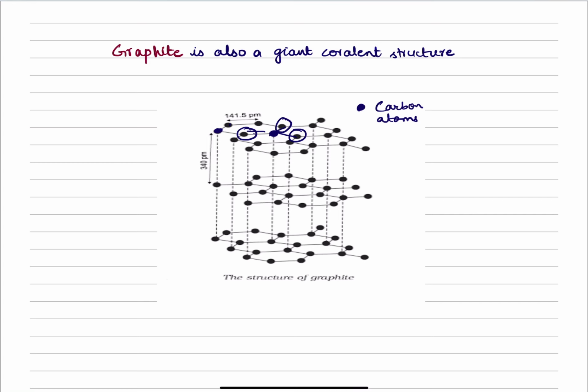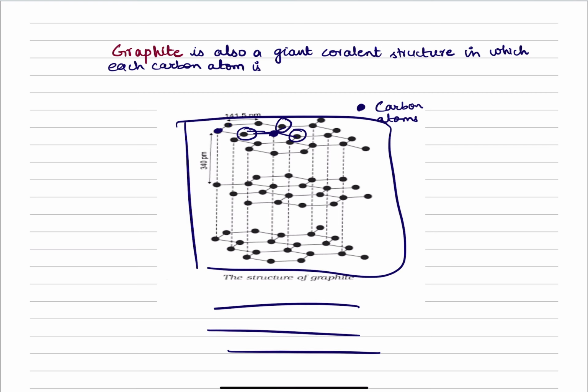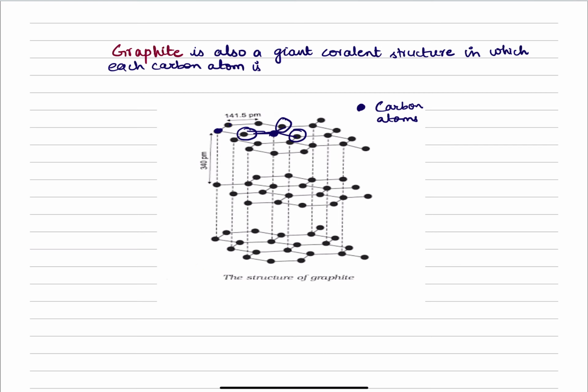This whole thing is graphite, and it will also have loads of layers beneath that, in which each carbon atom is covalently bonded to 3 other carbon atoms, not 4.